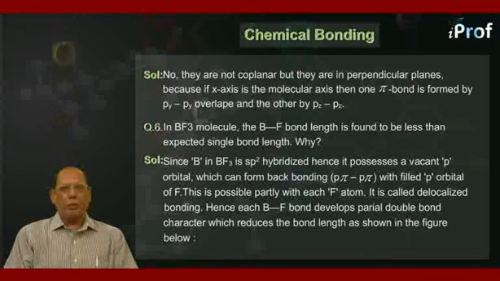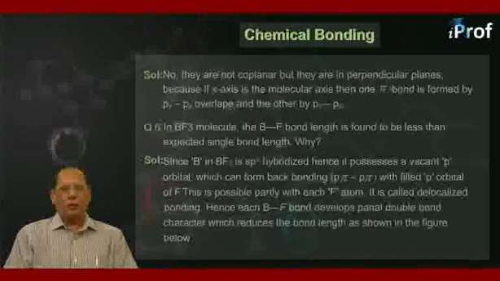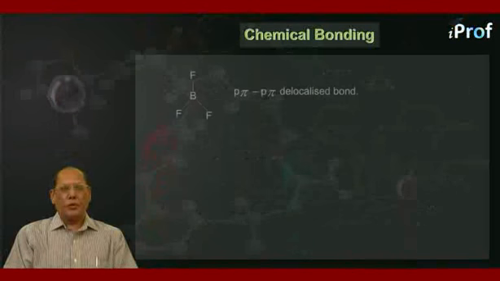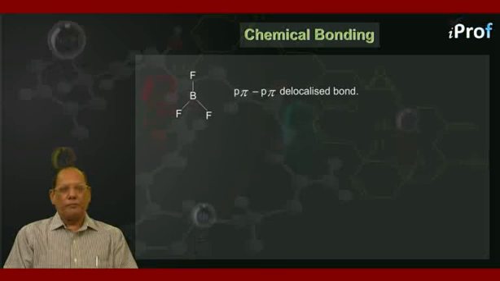This is possible partly with each fluorine atom. It is called delocalized bonding. Hence, each B-F bond develops a partial double bond character, which reduces the bond length as shown in the following figure. See, in the figure, the dotted lines represent the p-pi delocalized bond.